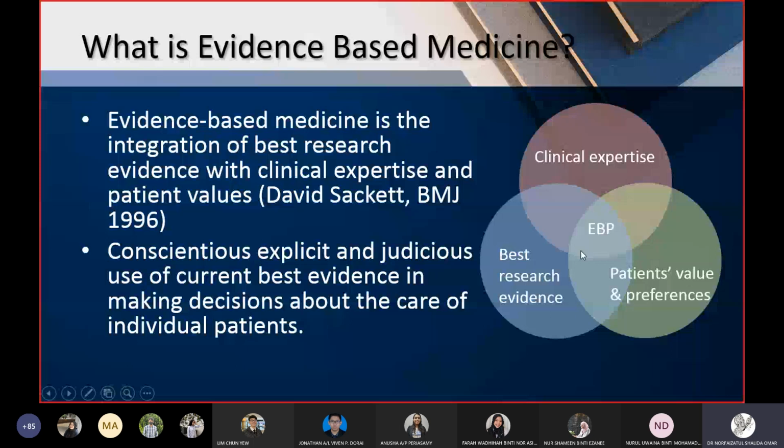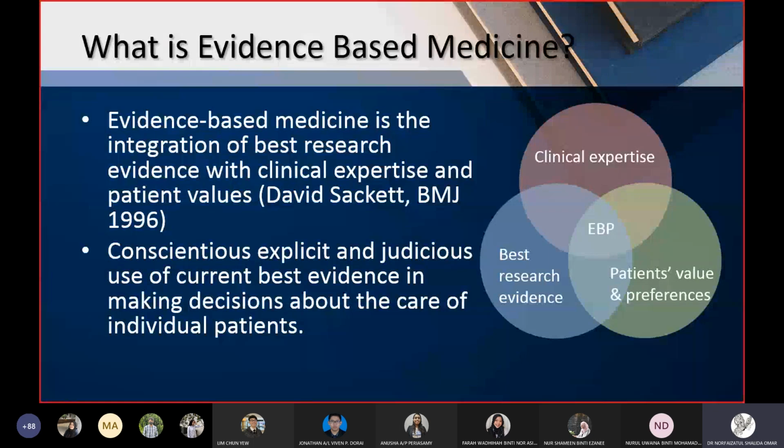So being a doctor doesn't mean that you only, in these preclinical years, learn the basics of the knowledge: what is the pathogenesis, pathophysiology, how you diagnose a patient. Then in clinical years you learn the skills: what are the steps taken to diagnose, the physical examination, and what is the best line of treatment.